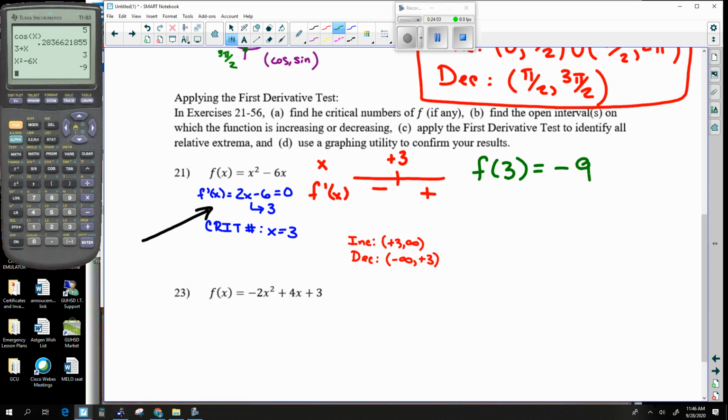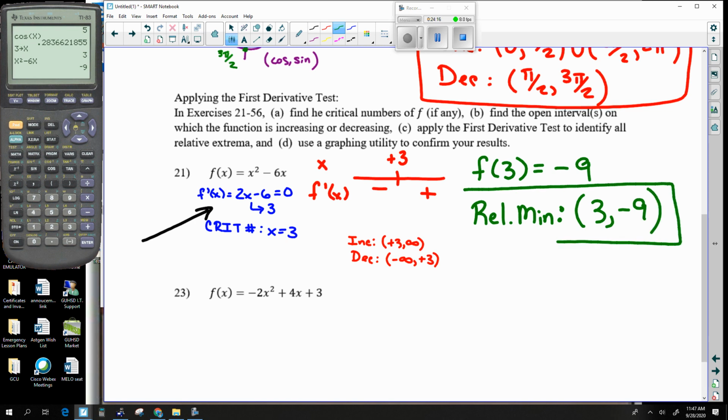So what did I tell through all this testing? I know that there is at least a relative minimum at the point (3, -9). We didn't test for absoluteness, so this is just a relative.